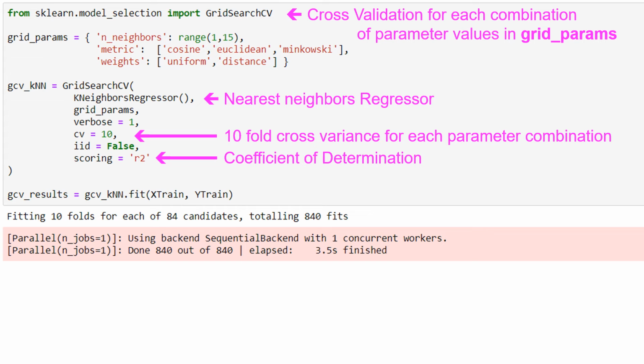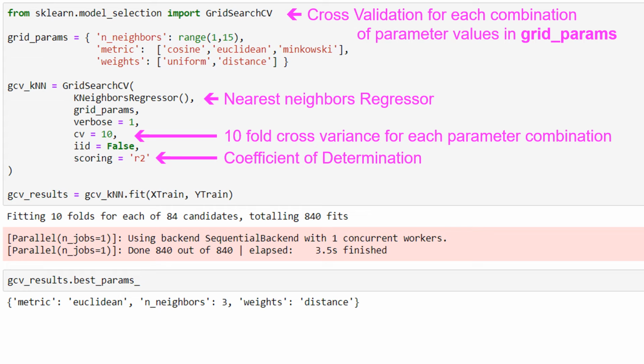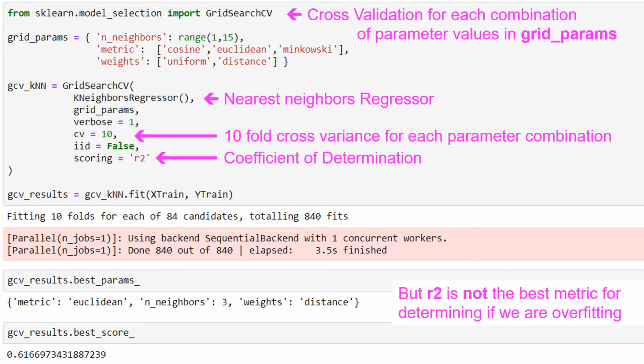It took 3.5 seconds. Looks like the best metric is Euclidean, so we are not using the cosine. The best nearest neighbors parameter is 3, and we should use distance weighting for the averages instead of every neighbor having the same contribution. The best score here is 0.6166.